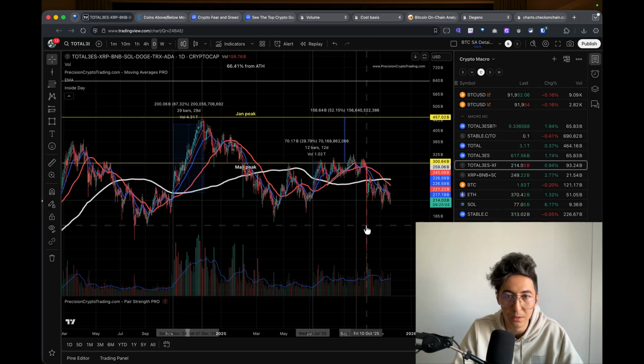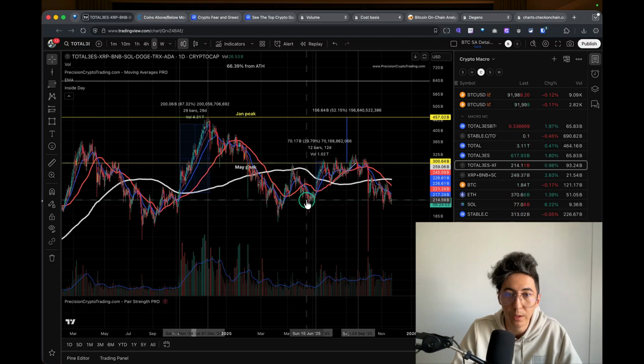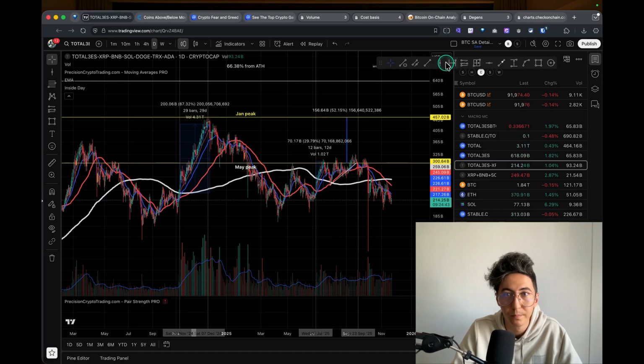That was huge. Oh man, a lot of people got wrecked, and I'll be showing some of the on-chain stuff for that. But it's actually been holding relatively steady. Yes, we are at this kind of bottoming area right here.